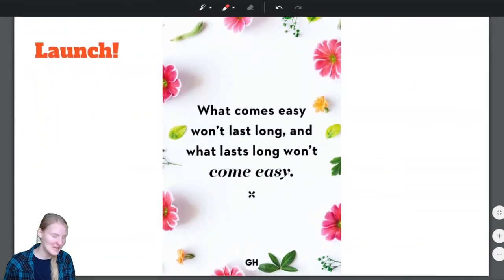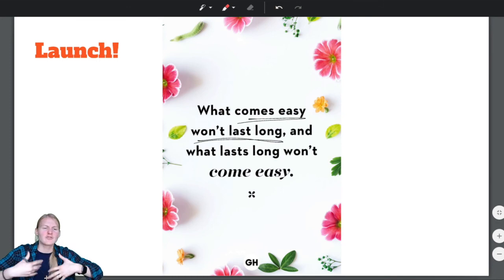And as always, let's end our lesson with a launch. And today's launch comes from an anonymous and unknown person, but it says, what comes easy won't last long, and what lasts long won't come easy. If you want something, you're like, oh, I just want math to come easy to me, that won't last long.